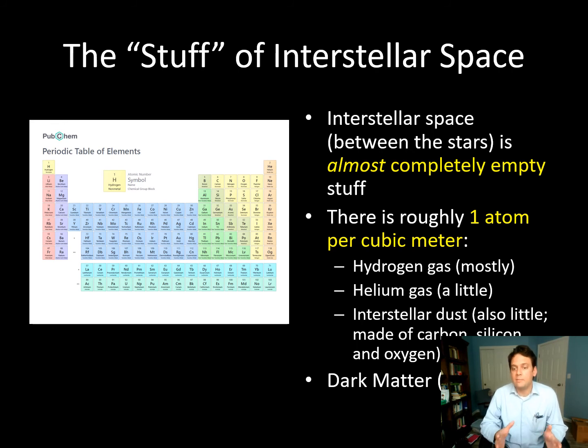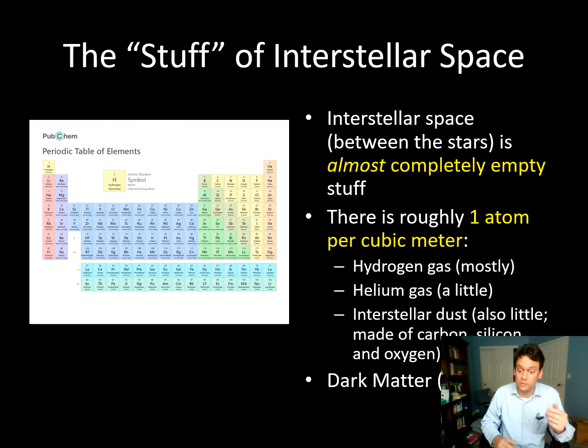To tell you how empty it is, on average, there's about 1 atom per cubic meter. To compare that to something else, if you have a piece of any stuff in your hand, a cubic centimeter or a milliliter of water, for example, that tends to have about 6 times 10 to the 23 particles in it.